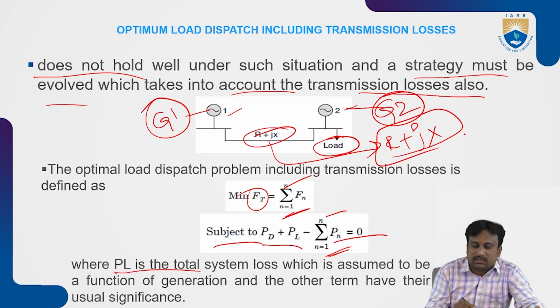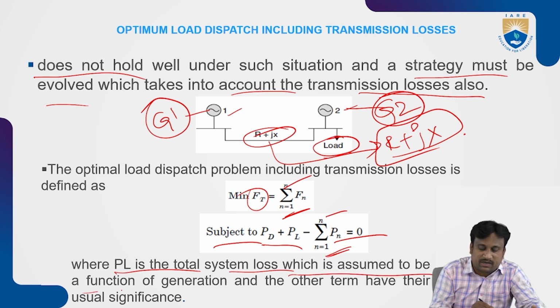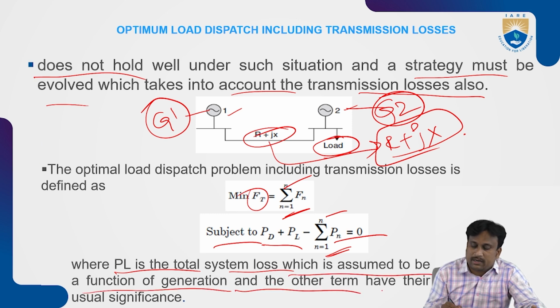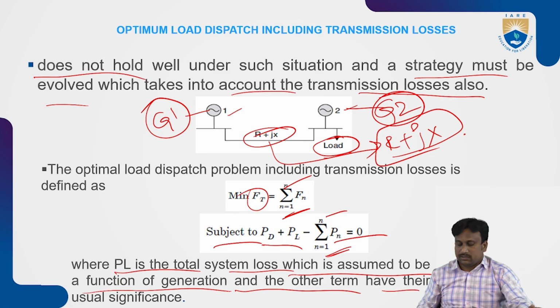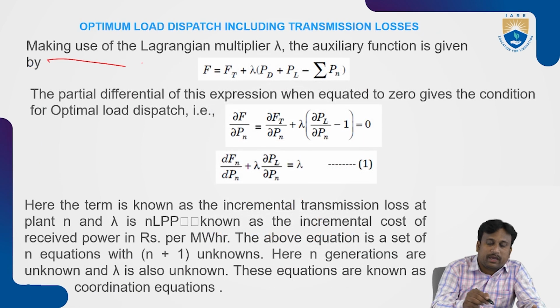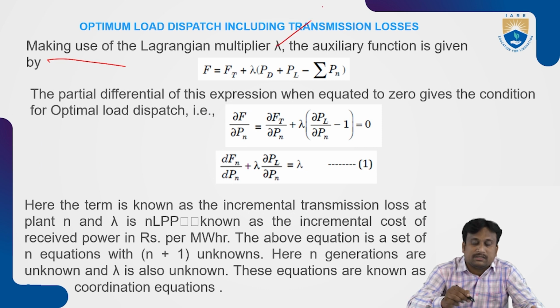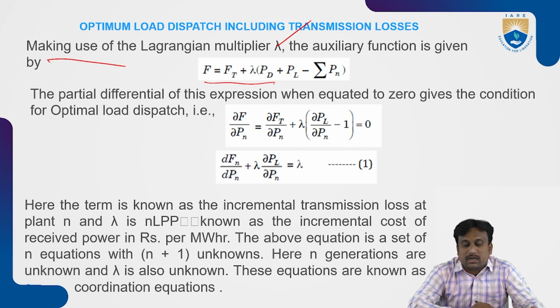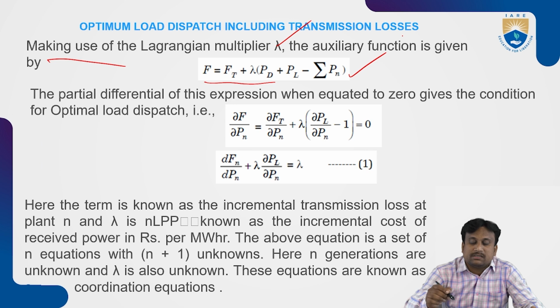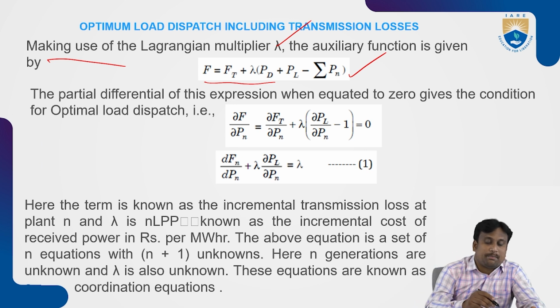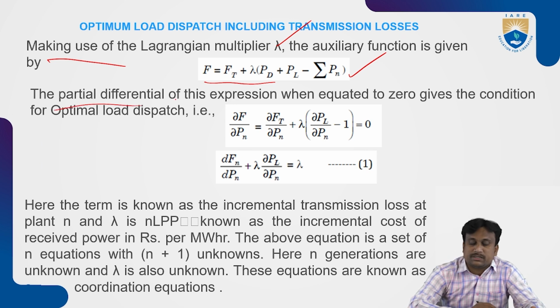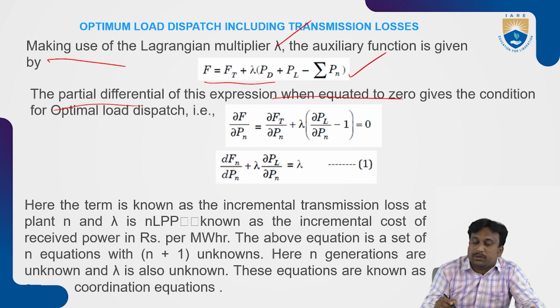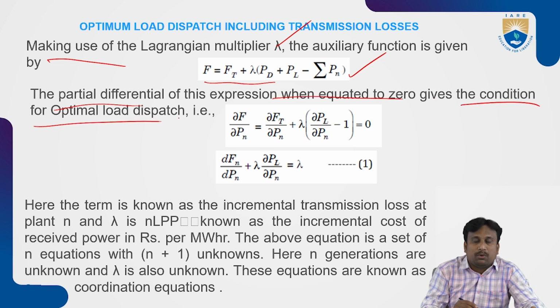Here PL is the total system loss of the entire power system network, which is assumed to be a function of generation, and the other terms have their usual significance. Making use of the Lagrangian multiplier lambda, the auxiliary function can be represented as F equals F_T plus lambda of Pd plus PL minus summation Pn. The partial derivatives of this expression, when equated to 0, give the condition for optimal load dispatch.